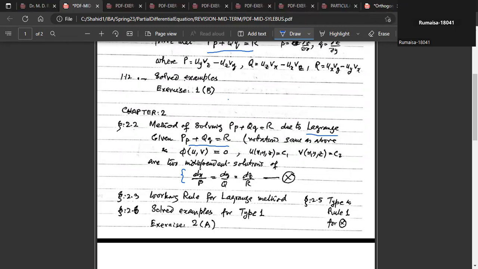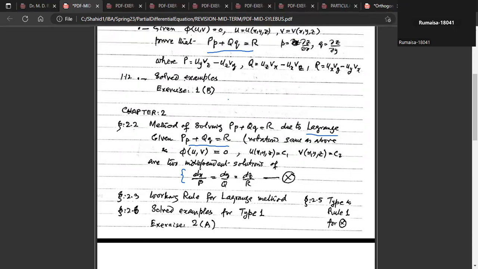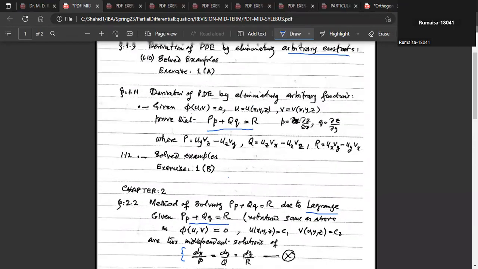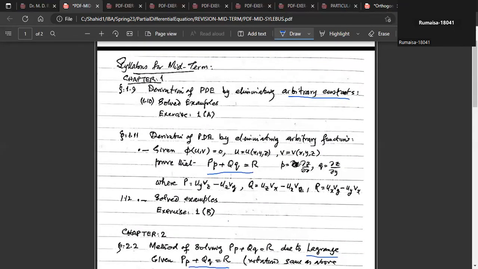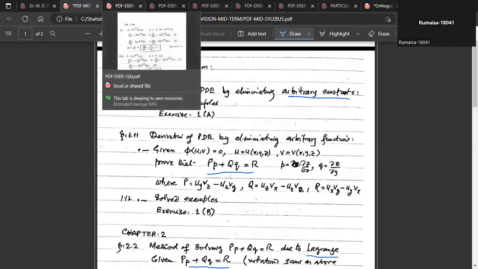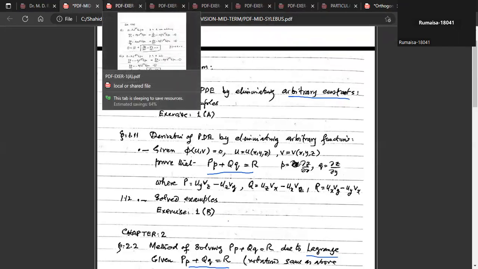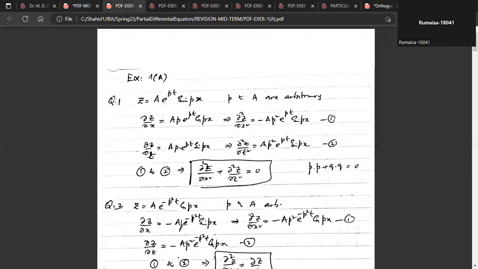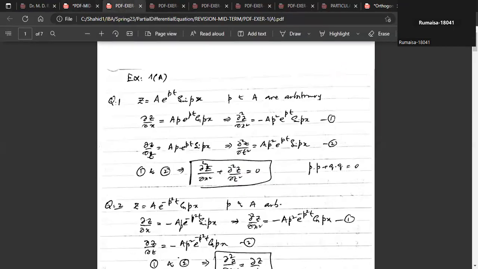I think before I go into a discussion of this, let us see that differential equations banate kaise. Okay, so I move to exercise 1A. Can you see this sheet, which is headed exercise 1 bracket A? Can you see it?